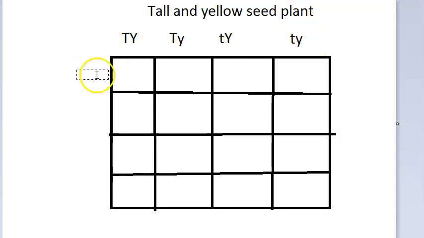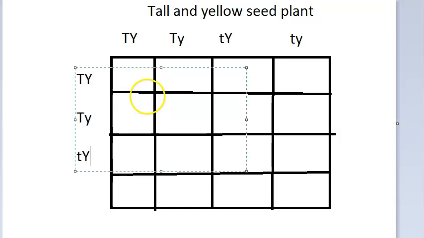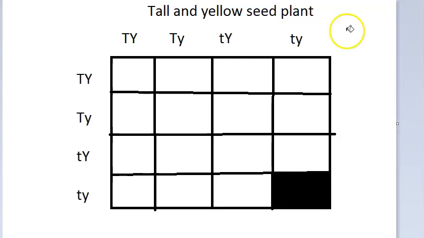When you cross this, the yellow trait independently assorts and the tall trait independently assorts. It's not that tall and yellow are related. If it is tall, it doesn't have to be yellow seed. Each trait will have its own genes. What will you get here, guys?